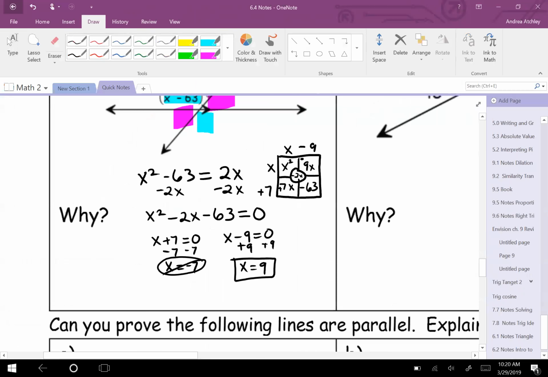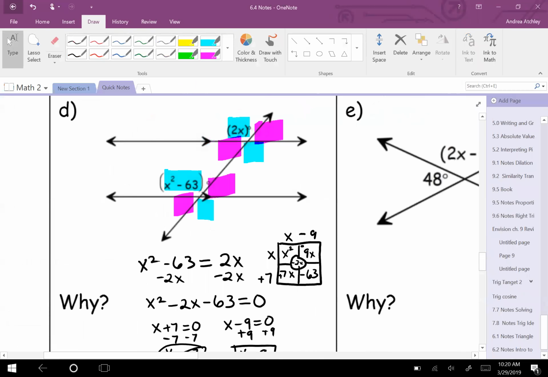Okay, now y. What type of angles are those? Are they alternate? Are they on opposite sides of the transversal? No, very good. They are corresponding. They're in the same general location.